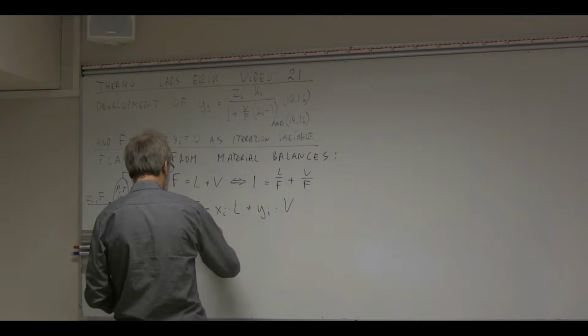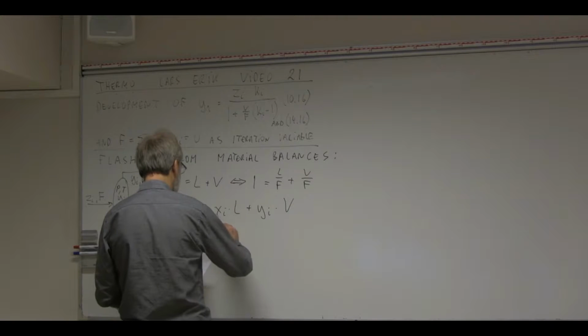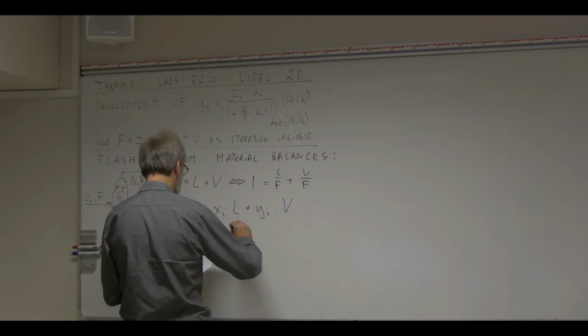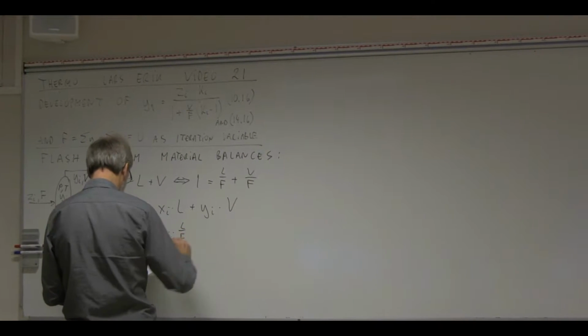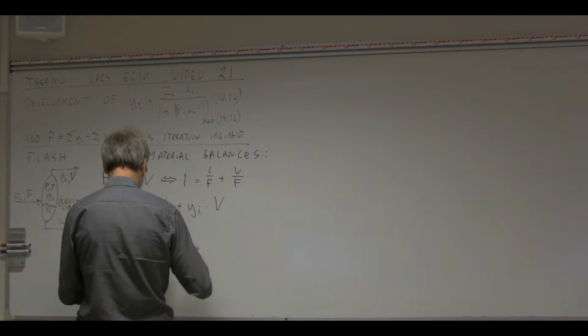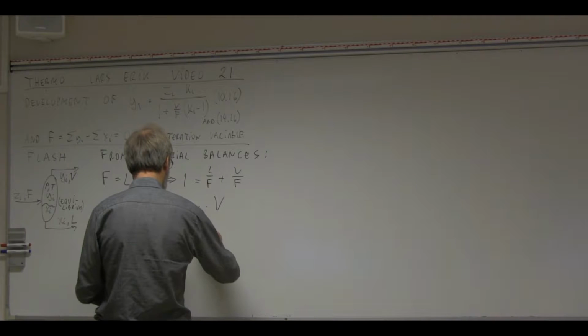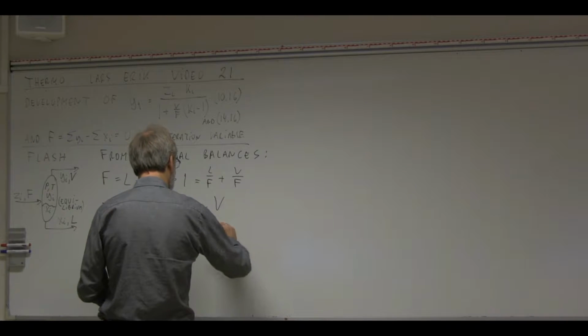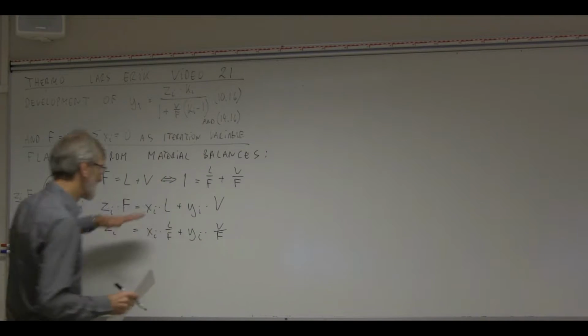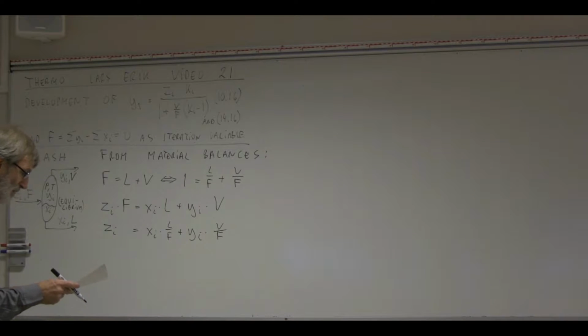Then z i equals x i times L over F plus y i times V over F. I just divide it by F.